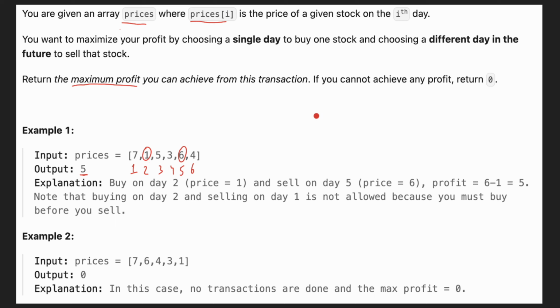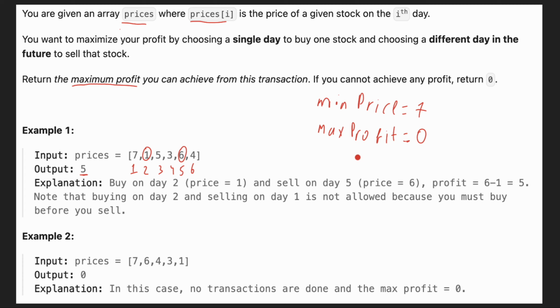Let's maintain two variables: minimum price, which we set to the first value of our array, 7, and also maximum profit, which we set to 0. Let's say we are not making any profit.